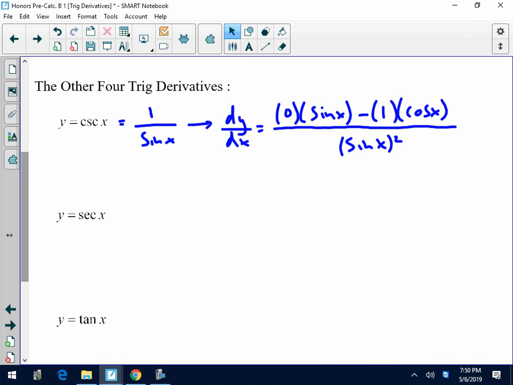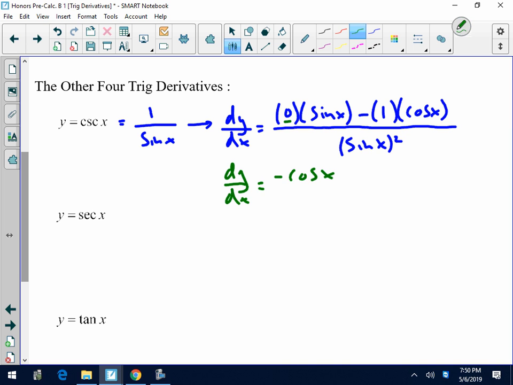And from here what we want to do is, of course, get our derivative in a more usable form. So right here we can simplify that numerator. With our first term we're multiplying 0, so that first term is going to go away. And we can say that our derivative is going to look like this: negative cosine x over sine x squared. Now we can do a little bit more simplifying here. We'd like to see our derivative in terms of trig functions just in the numerator.